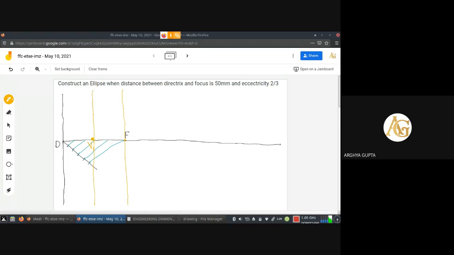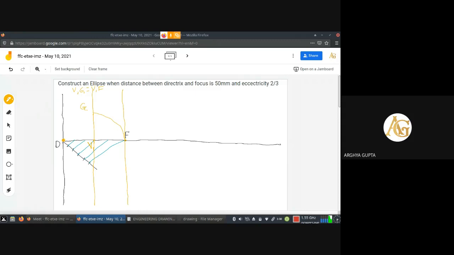Taking the measurement from V1 to F, draw an arc. Name the point as, let us say, G. So V1G is equal to V1F. This condition has to be fulfilled.